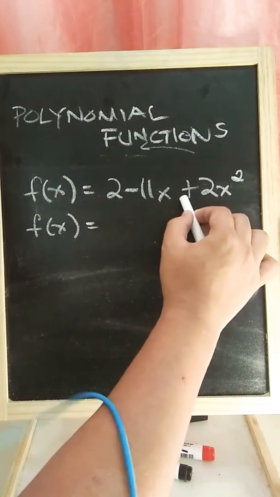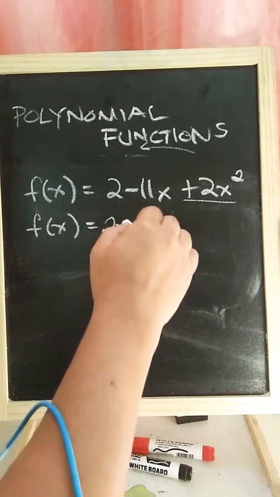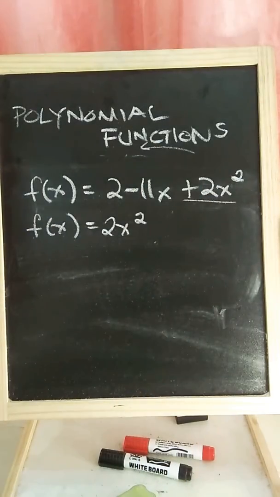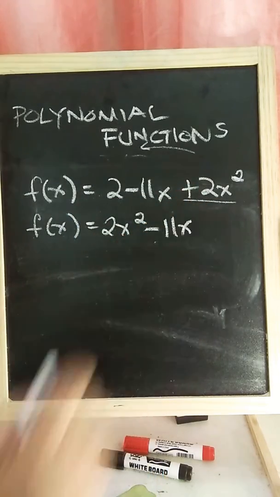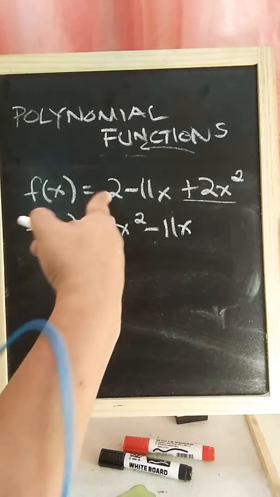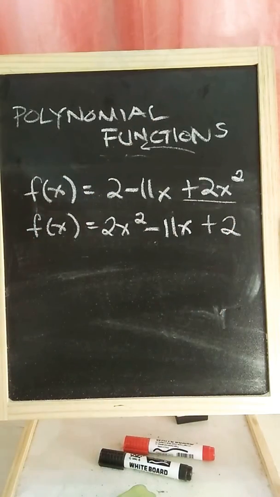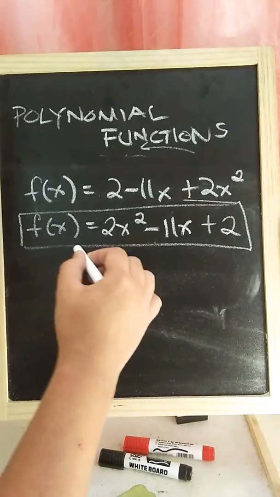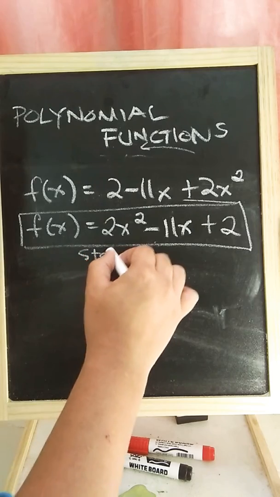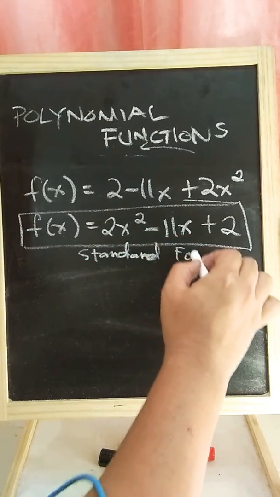So, sa case na to, unang susulatin ko si 2x squared. Then, susunod dyan, si negative 11x. And then, lastly, yung constant value na 2. Now, once you have this, this is now your standard form.